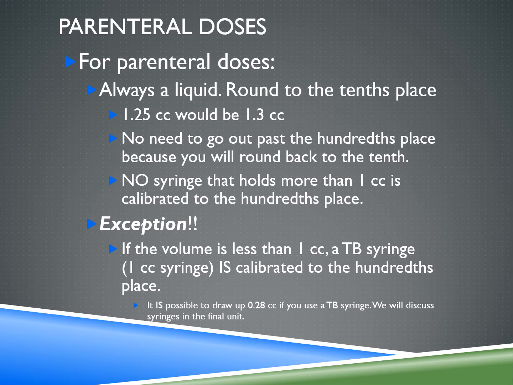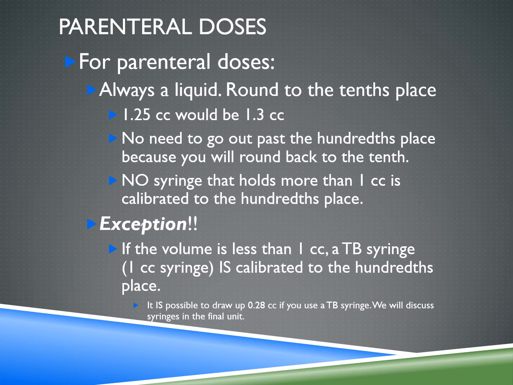The only syringe, this is the exception, the only syringe that can go to the 100ths place is called a TB syringe or a tuberculin syringe. It is a 1 cc syringe and it is calibrated out to the 100ths place.